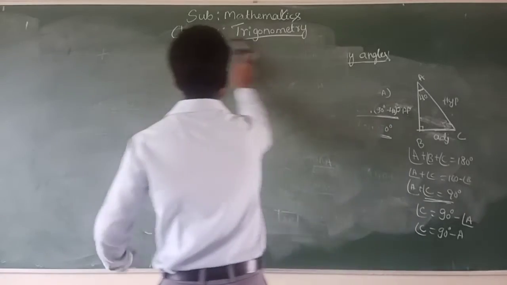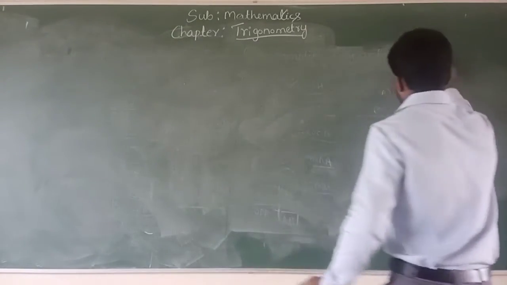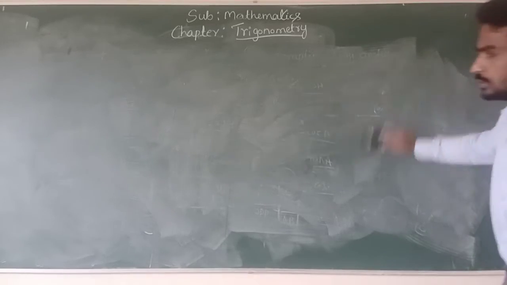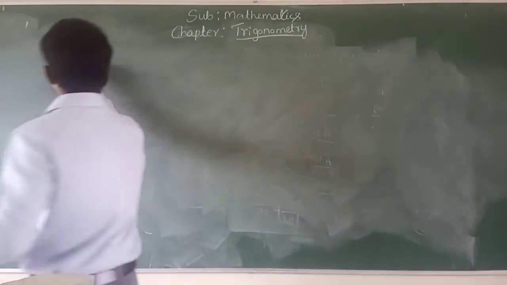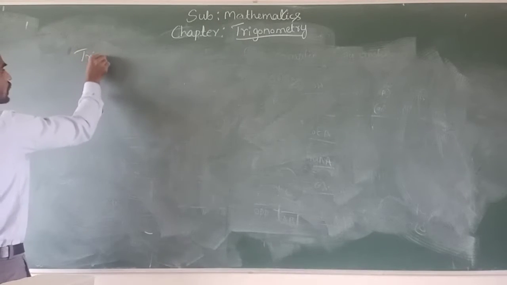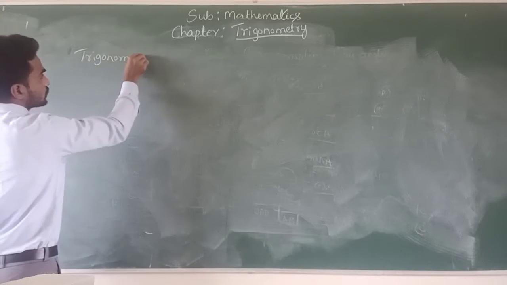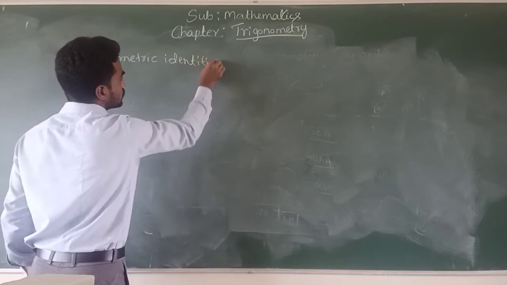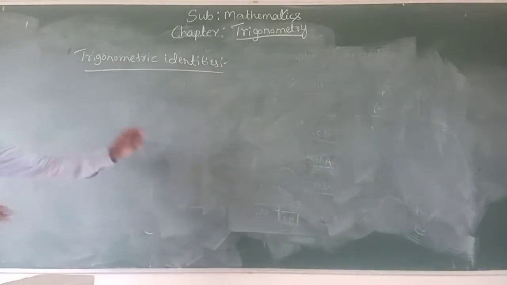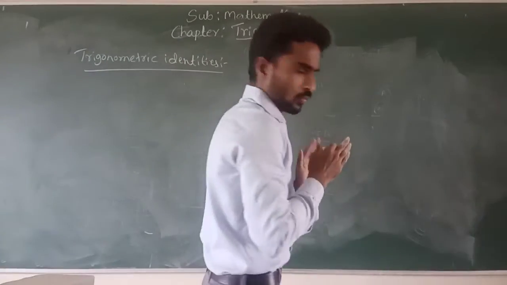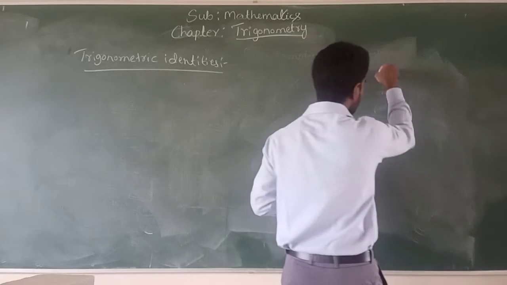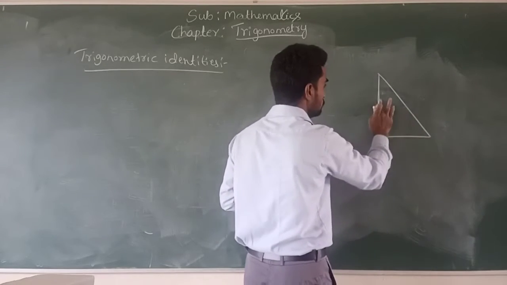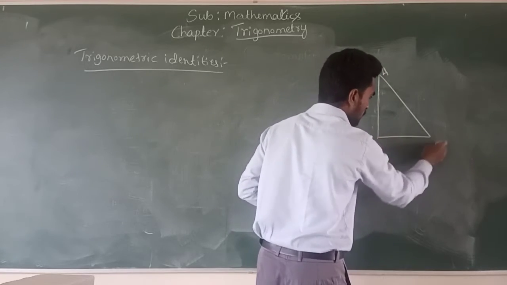Now going to discuss trigonometric identities. Just consider one right angle triangle named ABC.